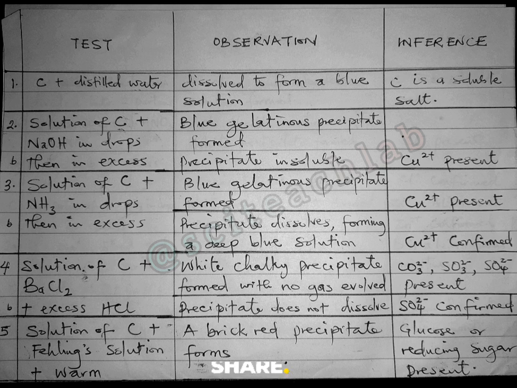When you warm it, you will discover that a brick red precipitate is formed, a reddish brown precipitate, and you put it under your observation. And if a brick red precipitate is formed when you add Fehling's solution to something and warm it, then that something has to be glucose or a reducing sugar.